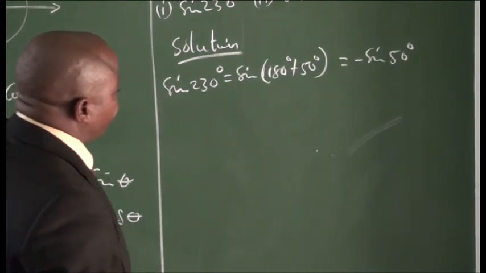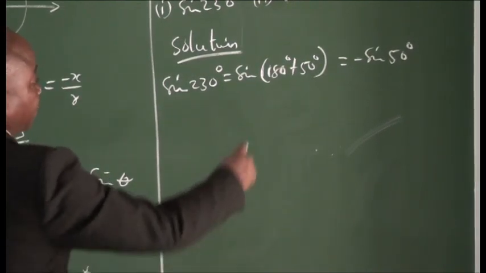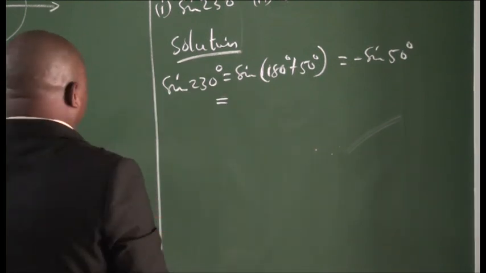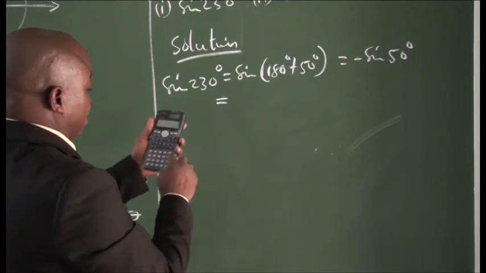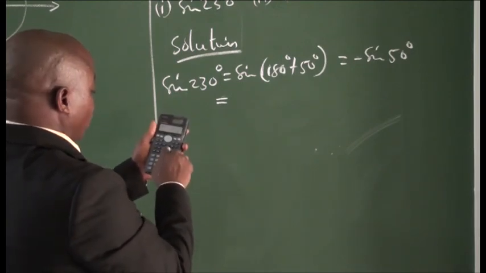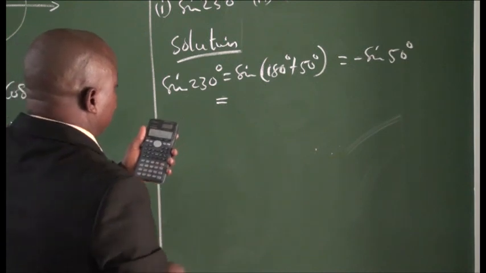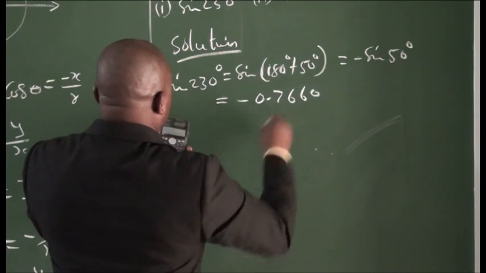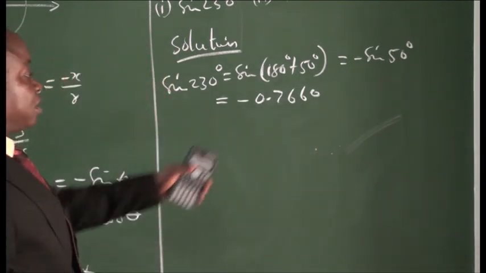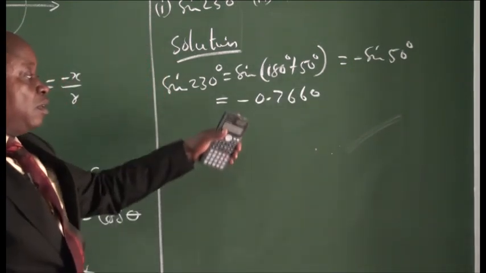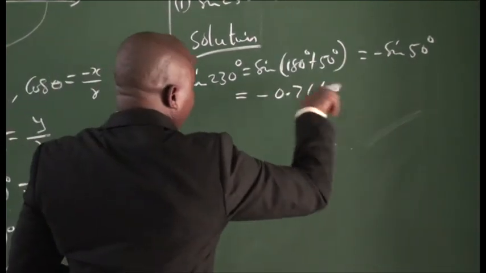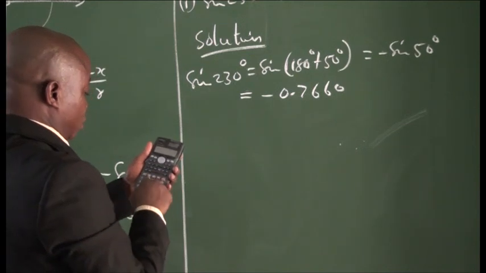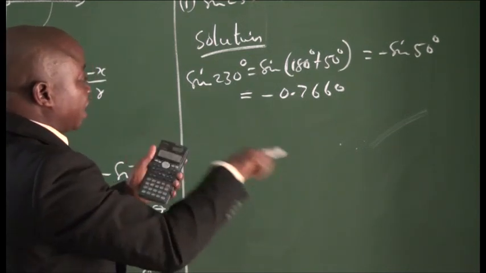And if we check the numerical values, it will be the same. From our calculator, sine 50 degrees gives us 0.7660, but because of the negative, it will be minus 0.7660. And if you press sine 230 degrees, it will give you negative.